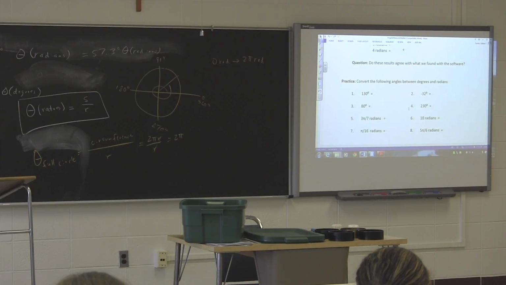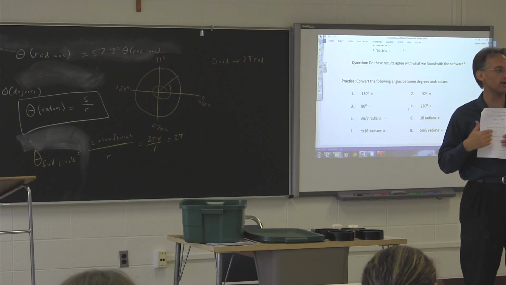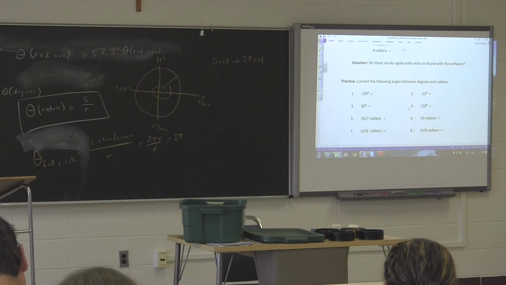Okay, 3 radians, 171.9, and 4 radians, 229.2. So I think if you look at these degrees, which we sort of have in our head a bit, and look at the circle that we drew, you'll see that it corresponds pretty well. For example, the 171.9 is just short of 180. So it takes you close to, but not quite to, half a circle.